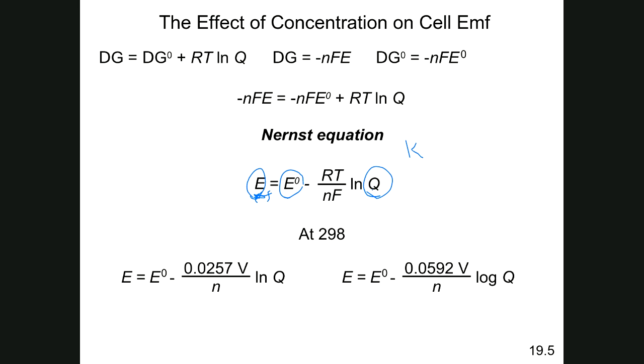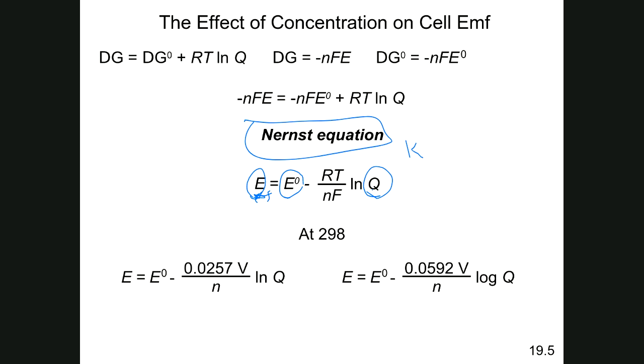This equation is known as the Nernst equation. Basically, it is studying the effect of concentration on the cell potential.